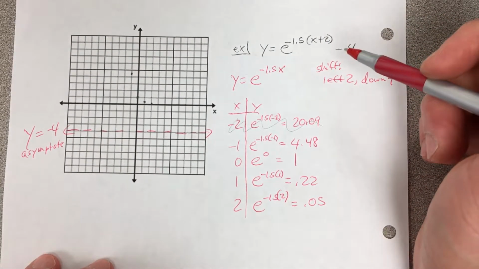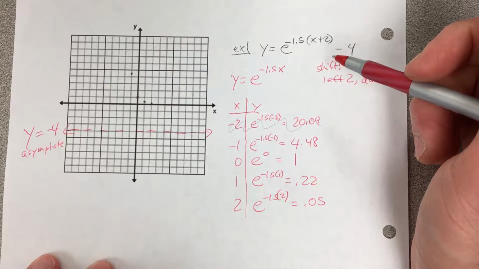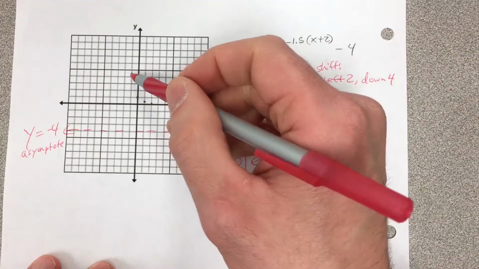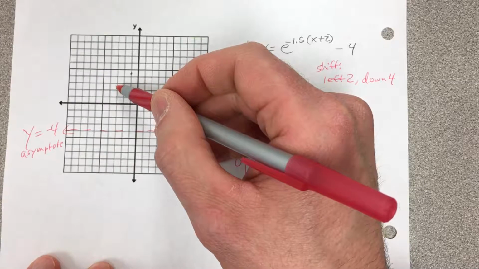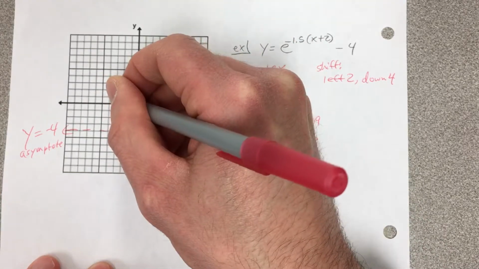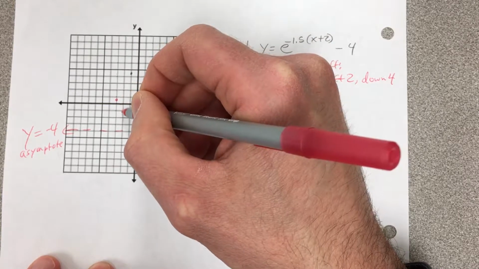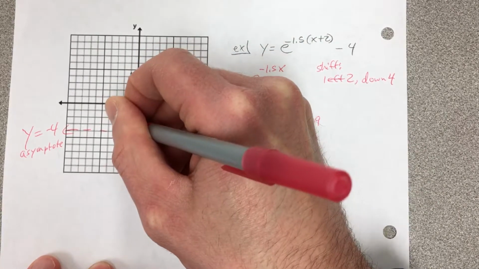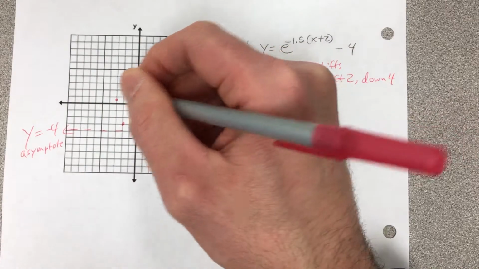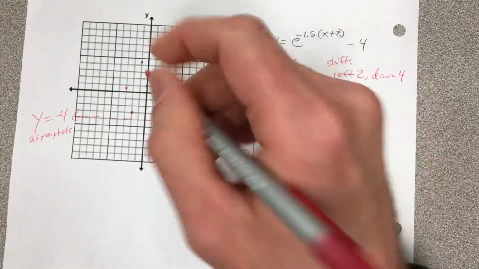So we go left 2, down 1, 2, 3, 4. Left 2, down 1, 2, 3, 4. Since I'm using a different color, I'll make dots, but a lot of times I'll make X's just to keep them different.